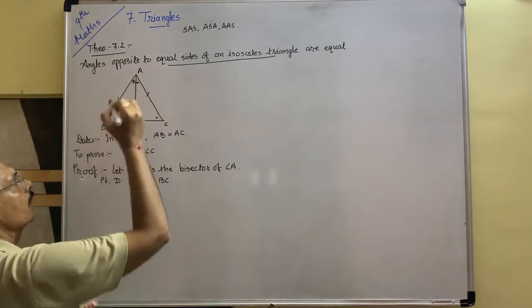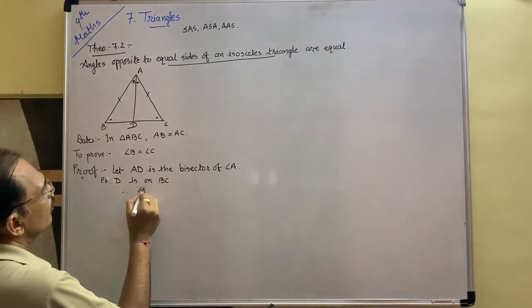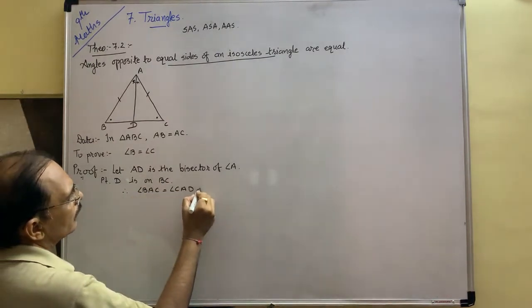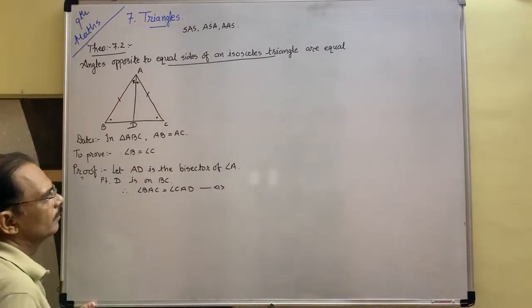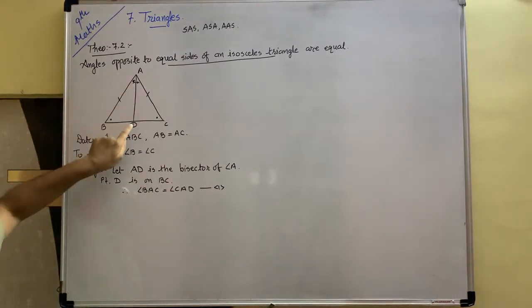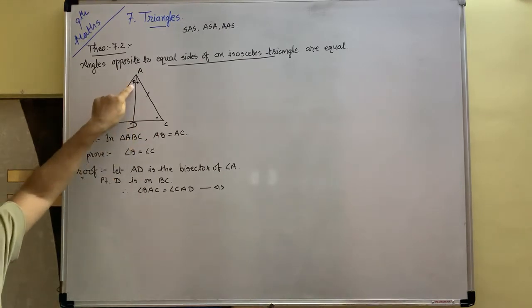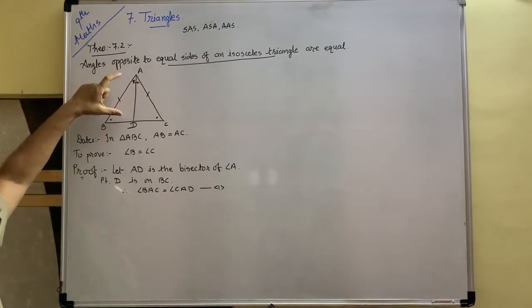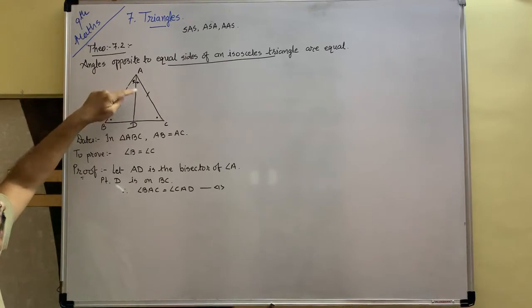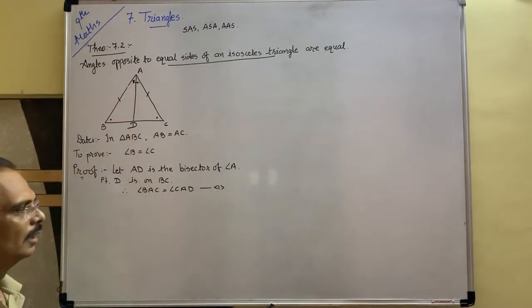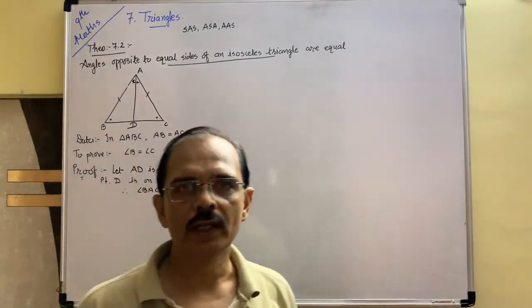When this angle and this angle are equal, it means angle BAD equals to angle CAD. Call it result number 1. If it is an angle bisector, that means these two angles are equal because it is a bisector. So this angle BAD and this angle CAD are equal, that we suppose. We call it result number 1.